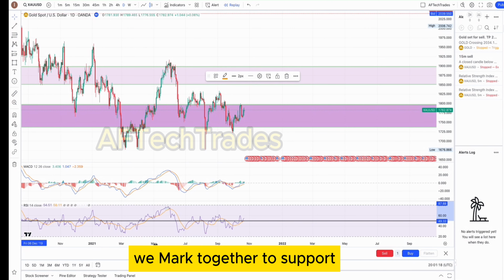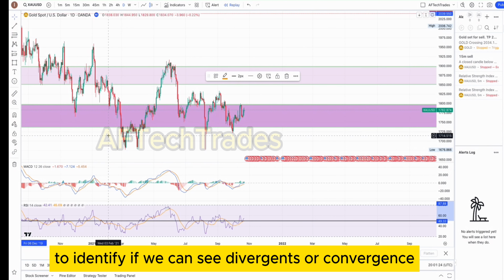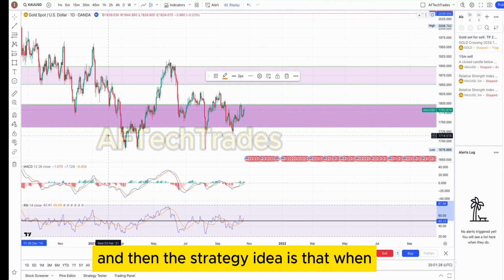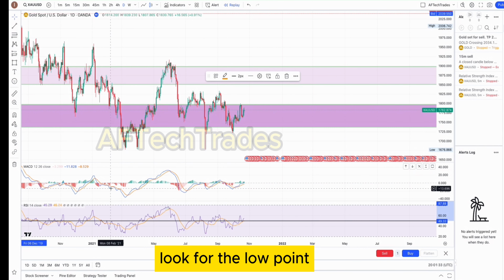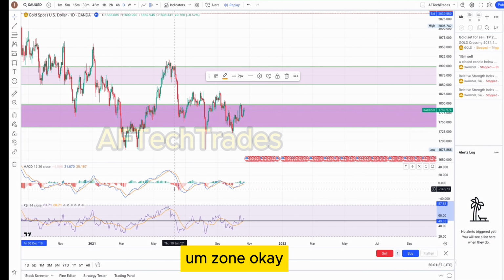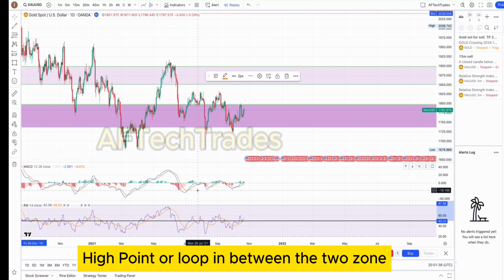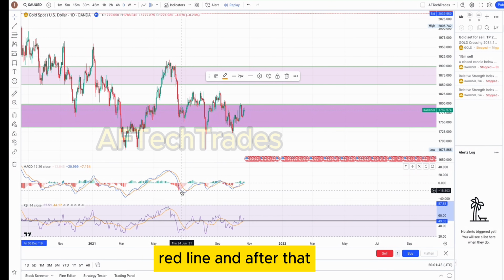First of all, we mark together the support and resistance zone on the chart in higher time frame. We went down to the lower time frame to identify if we can see a divergence or convergence. And then the strategy there is that when you see that convergence or divergence, look for the low point or the high point between the two zones, the one I was denoting with the red line.